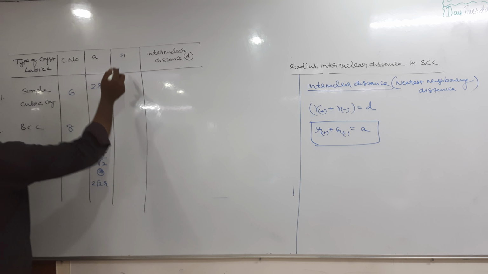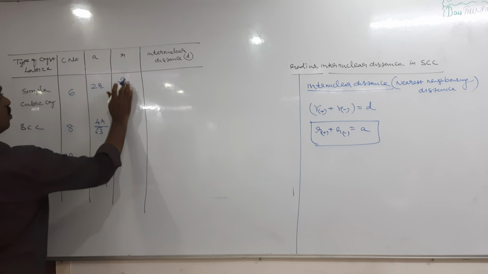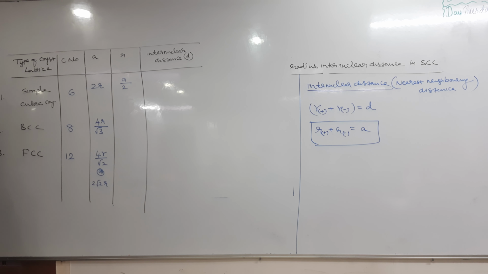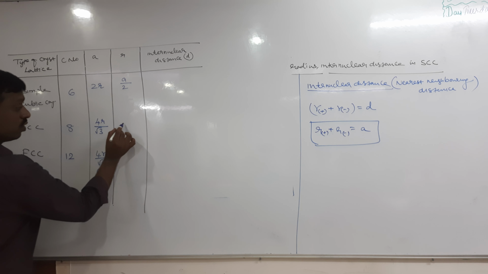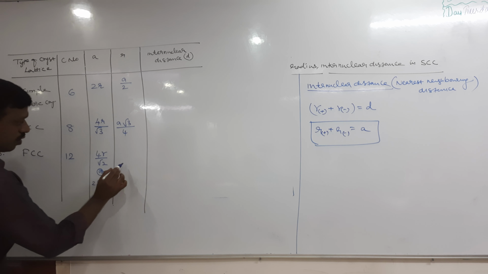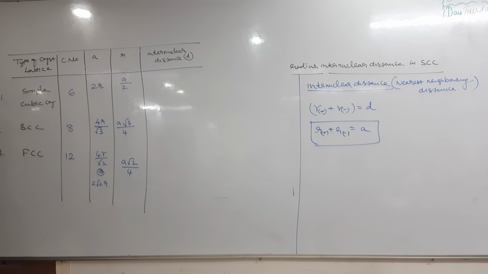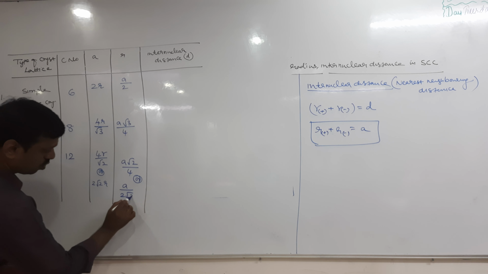Next, tell me here, radius. Simple, A by 2. Next, BCC. Tell me. A into root 3 by 4. Here, A into root 2 by 4. Next, A by 2 root 2. Okay.